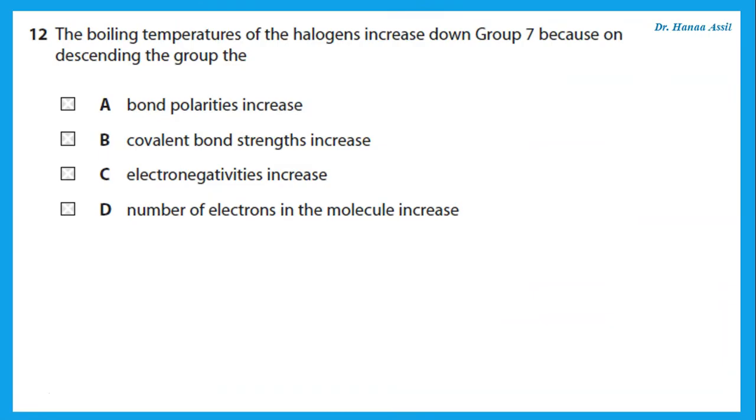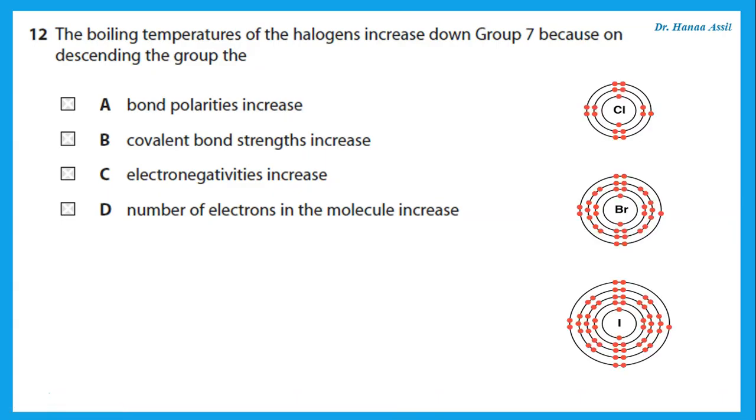The boiling temperatures of halogens increase down group 7 because on descending the group, what happens? So if we're going down group 7, fluorine, chlorine, bromine, iodine, why is it that the boiling temperature of iodine is higher than bromine?